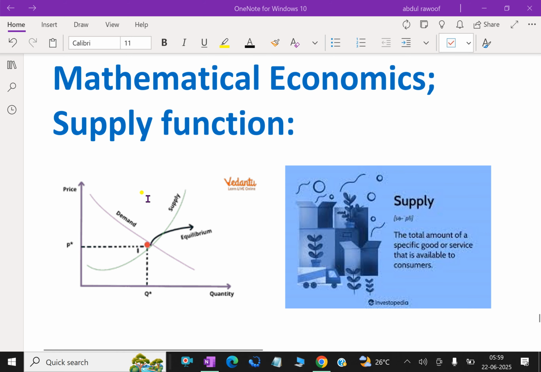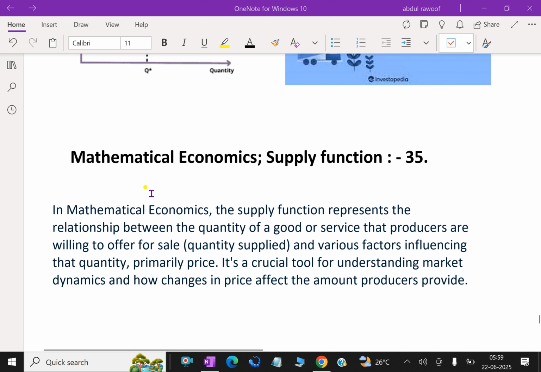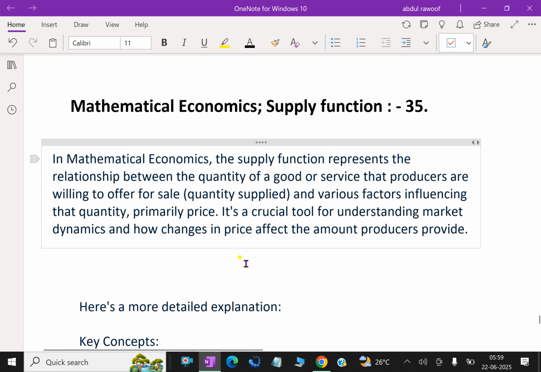Now further, we'll discuss the supply function. In mathematical economics, the supply function represents the relationship between the quantity of a good or service that producers are willing to offer for sale, that is, quantity supplied, and various factors influencing that quantity, primarily price.